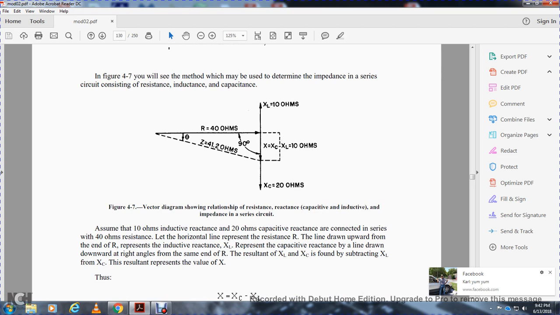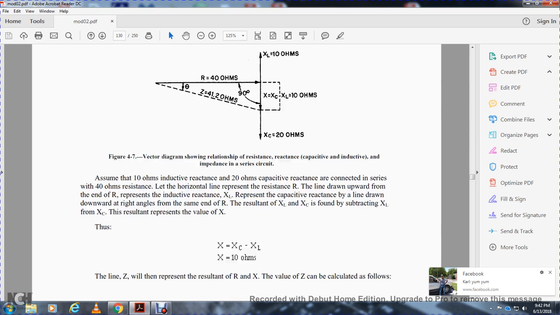Let the horizontal line represent the resistance R, and the line drawn upward from the end of the resistance represent the inductive reactance. The capacitive reactance is the line drawn downward at a right angle from the same end of the resistance. The resultant of the inductive reactance and the capacitive reactance is found by subtracting, resulting in a value of X.